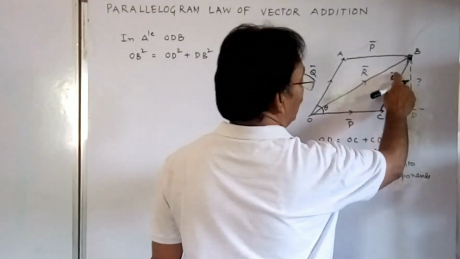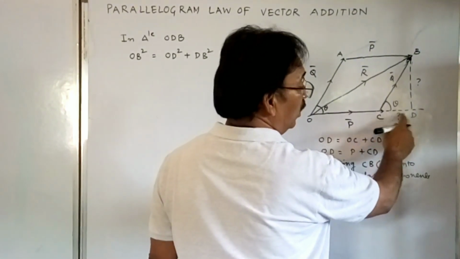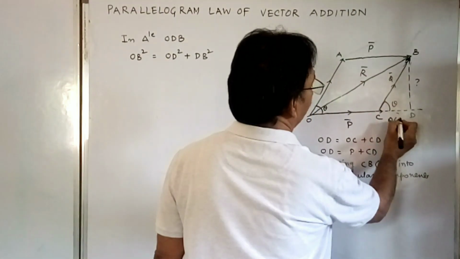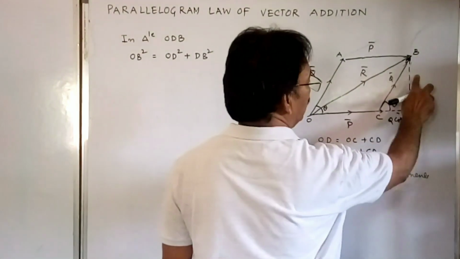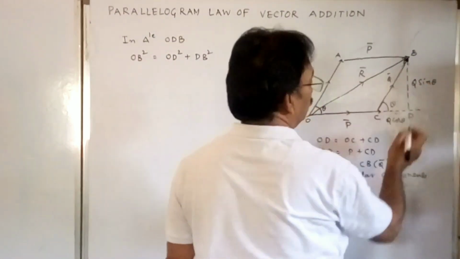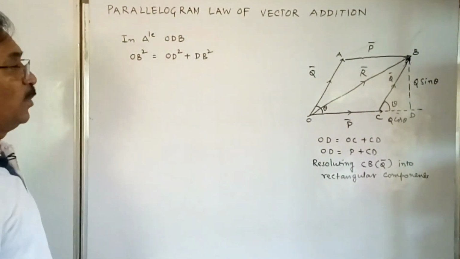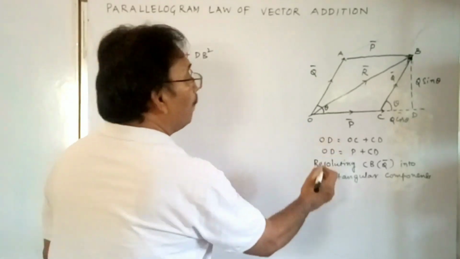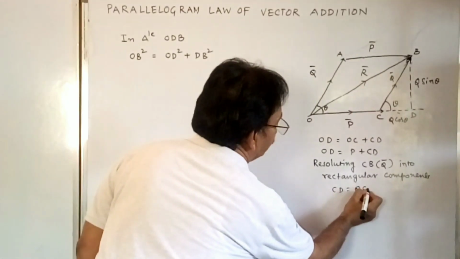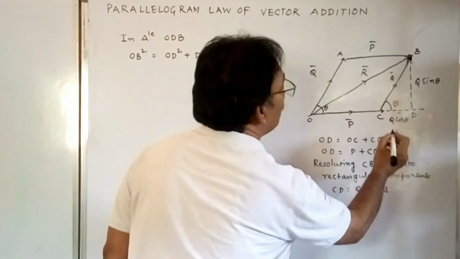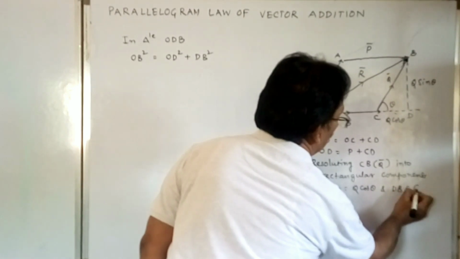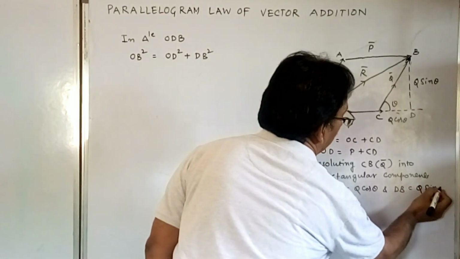What we get is the Q, and I already told you it is cos theta. That means it is Q cos theta, and obviously the other is Q sin theta. I hope you understood. In another topic I explained that. CD is equal to Q cos theta, and DB is equal to Q sin theta.